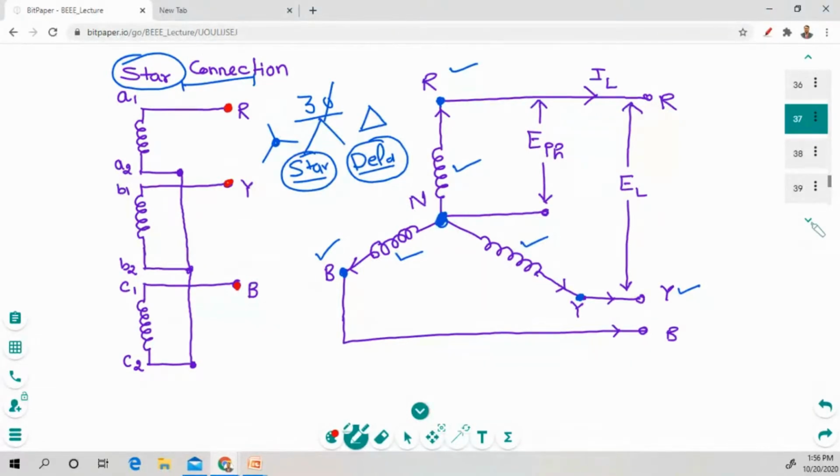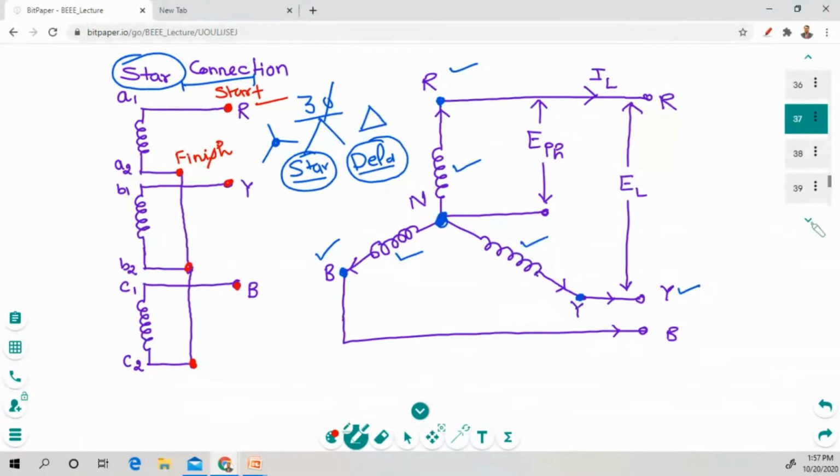This is called the finish terminal, and all the finish terminals are connected with each other. The start terminals are open. This is the formation of the star connection.